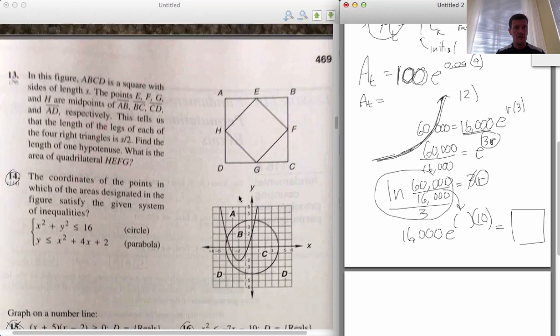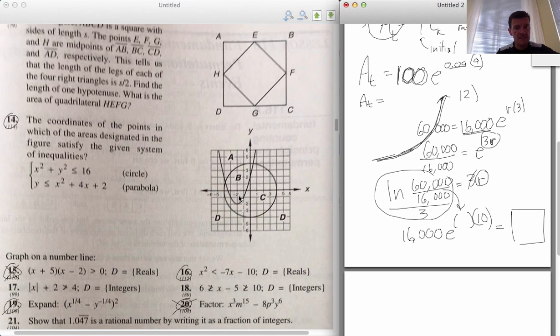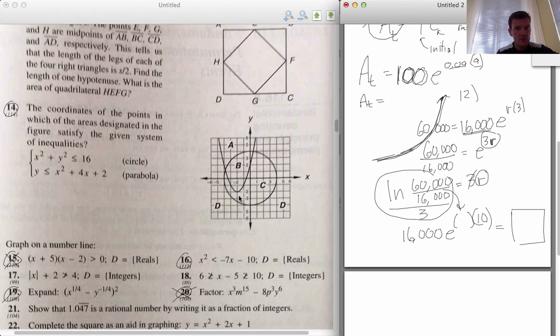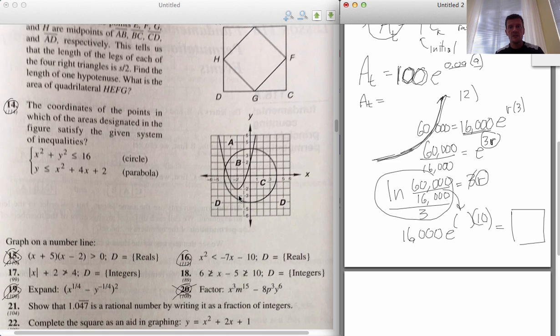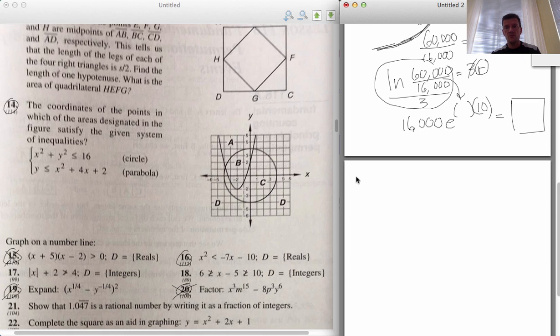Alright, let's scan down here. Let's find, yep, we need to do 114. So 114, the coordinates of the points in which the area is designated satisfy a given system of inequalities. Okay.